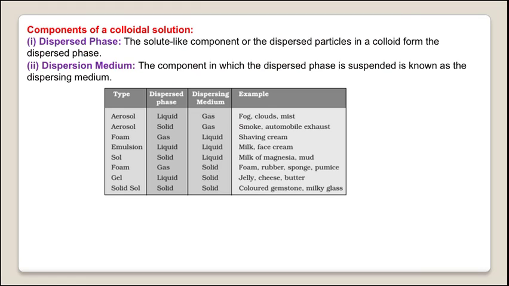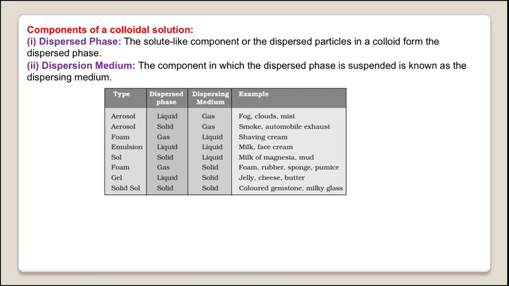One more example we'll take is milky glass. Milky glass is a solid type of colloidal solution in which the solvent is solid as well as the solute is also solid. Thus it is a glass which is translucent. We can take more examples and you can revise with the help of this video also.